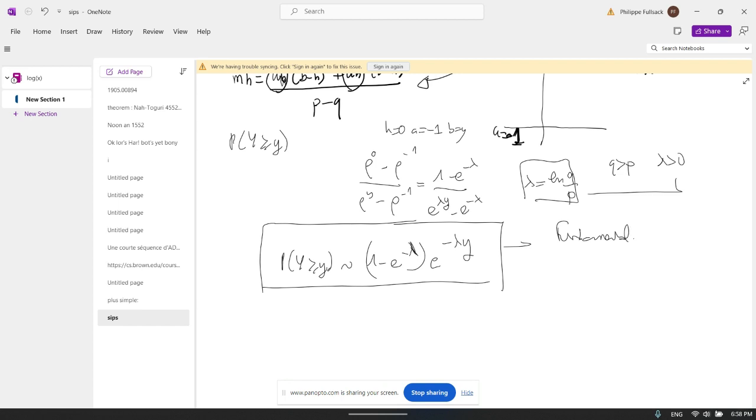We found that the probability of a high cumulative score higher than y is given by a decreasing exponential, with a certain constant here and a certain scale parameter.